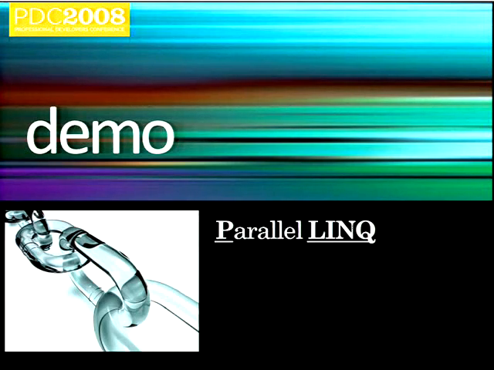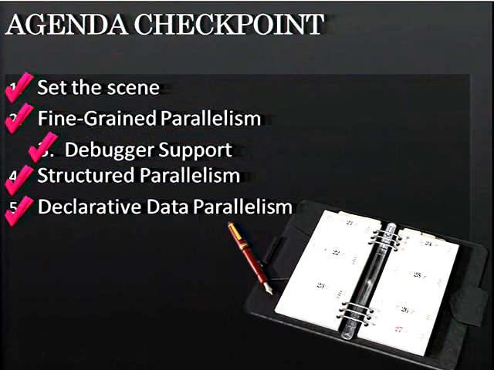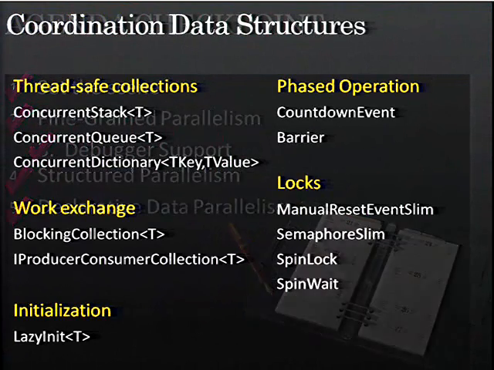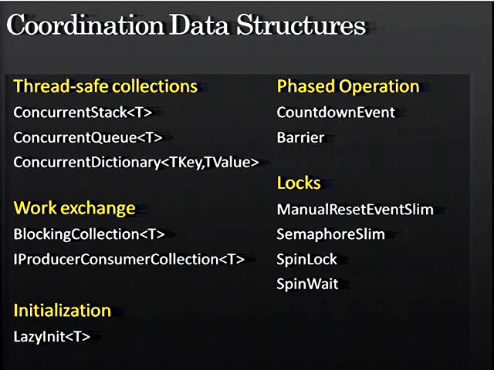So that was PLINQ. And that concludes the stuff I had on the agenda to show you, but I have a bonus item. Coordination data structures. When we built these libraries, we actually needed some new synchronization primitive stuff that exists in the literature but didn't exist in the .NET framework.